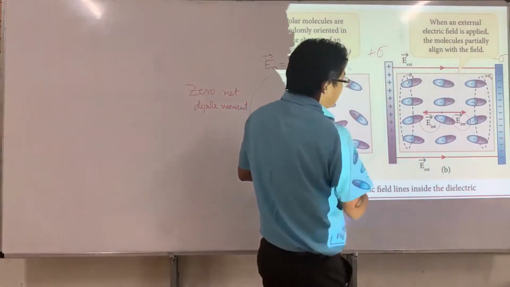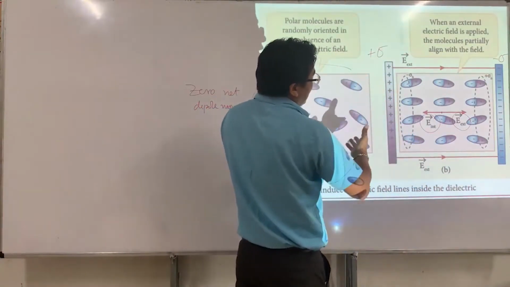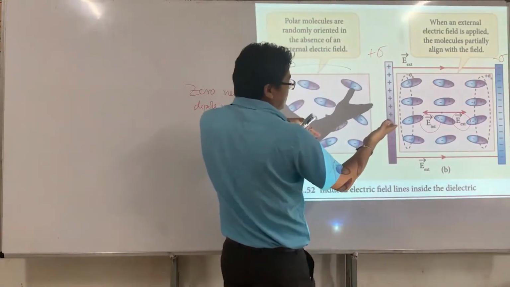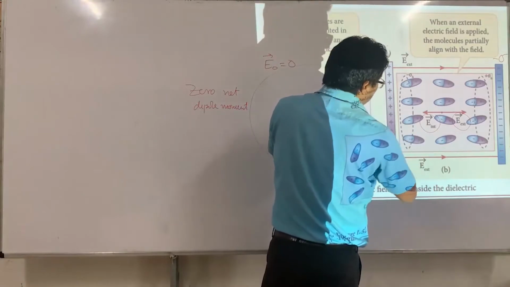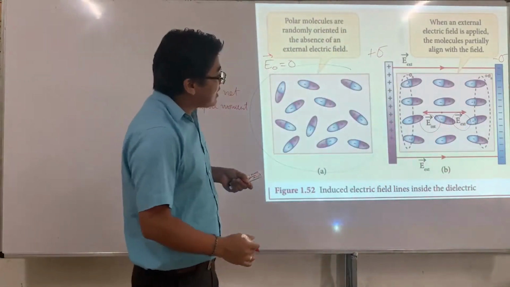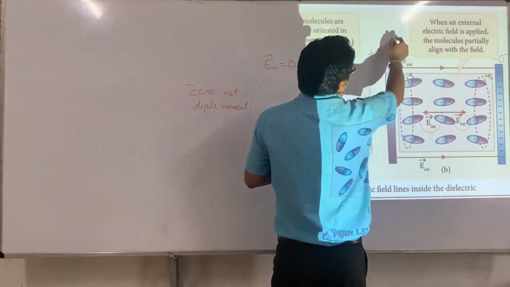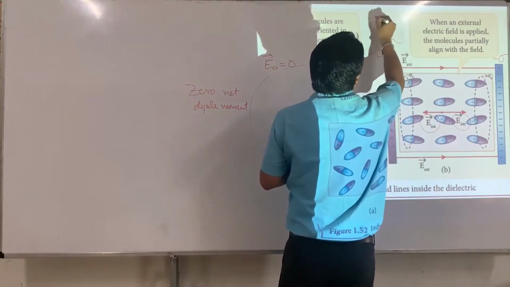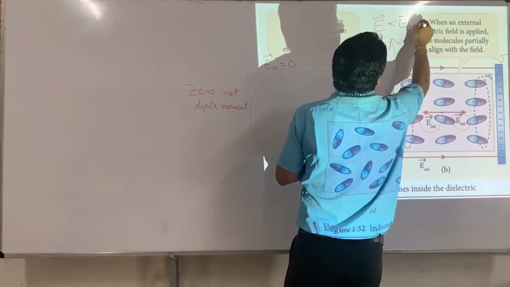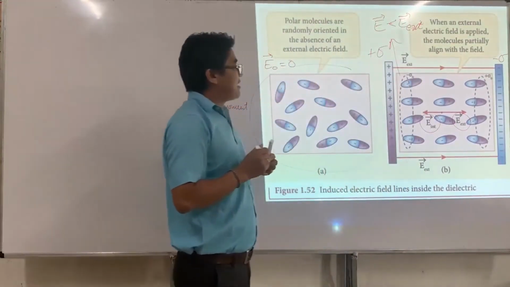We apply the external field in one direction and the induced field is in the other direction, so they cancel each other. However, since the external electric field is more than the induced electric field, the net electric field is less than the external electric field.